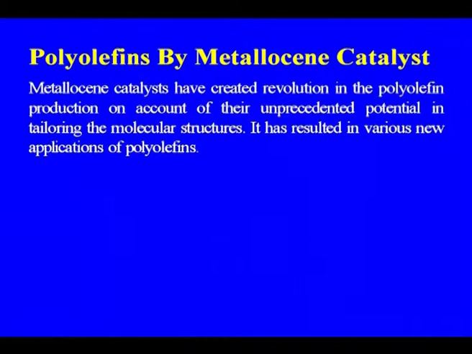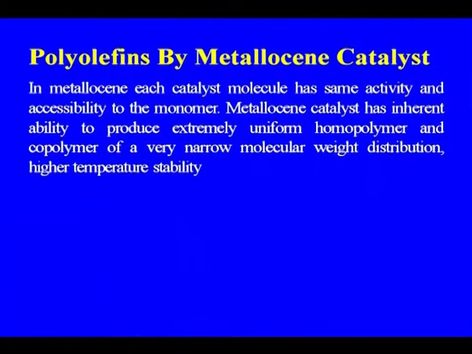It has resulted in various new applications of polyolefins. The process is now using this catalyst for polypropylene, and there are a lot of changes in the quality of the product. In a Metallocene catalyst, each catalyst molecule has the same activity and accessibility to the monomer, which was not there in other types of catalyst. So that is very important.